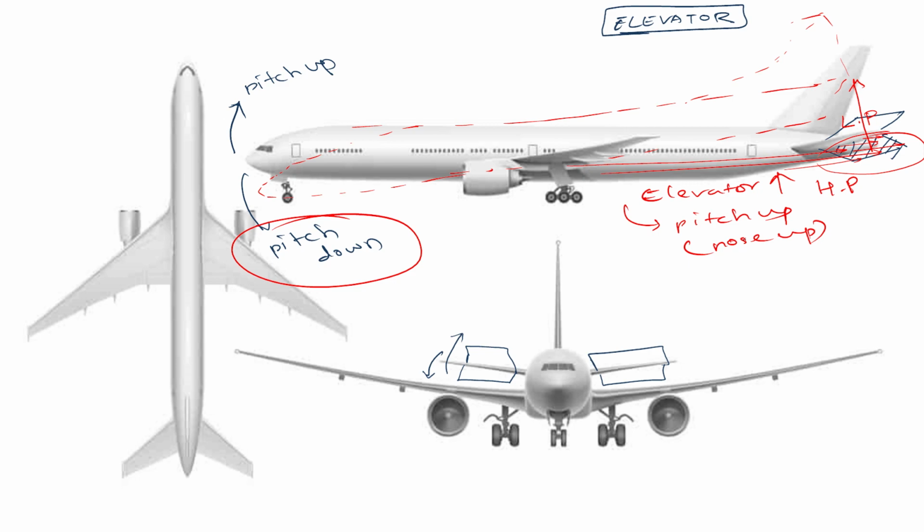Now similarly, the same thing is going to happen for the rudder. What is the motion of a rudder? It makes a yawing motion, if I observe from the top view. It can either go towards the port side or the starboard side.